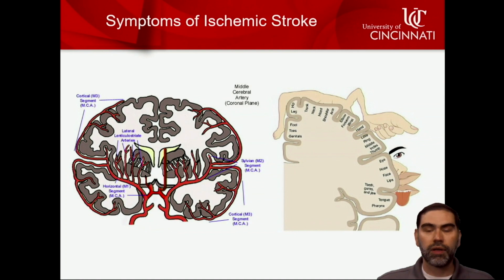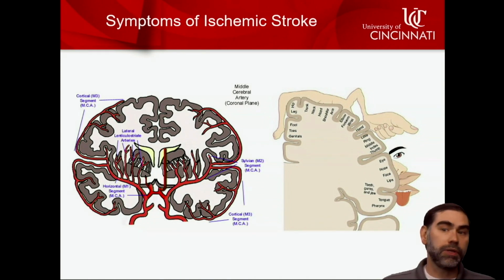Now, this is also important when we think about not only focal weakness, but also speech changes. It is not uncommon for patients to have aphasia if their dominant side is also weak. For a lot of people, that means they're right-handed. Typically, if you have weakness on the right side, then you'll also have speech changes. Whereas for that same right-handed person with deficits on the left side, their speech actually may be preserved.